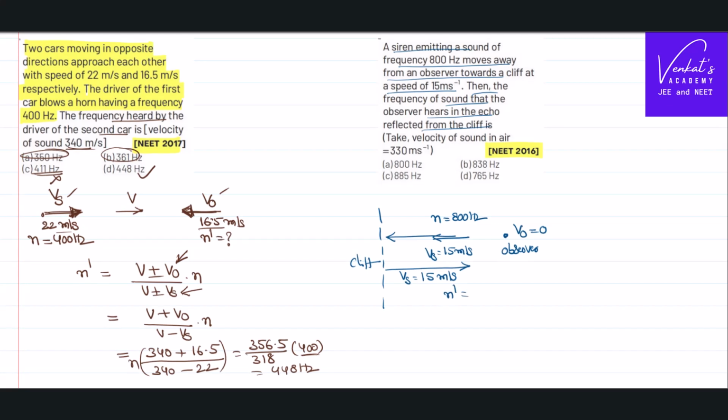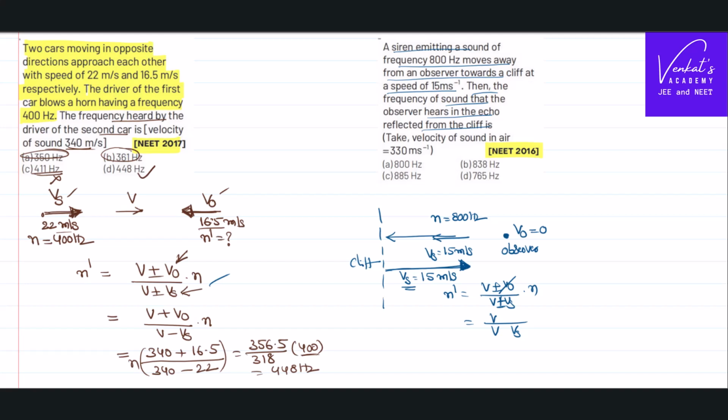Again, the same formula like I have written earlier, (V plus or minus Vo) by (V plus or minus Vs) into N. Here the observer is in the state of rest, so it is V by (V plus or minus Vs), and I have to choose the right term, plus or minus. But if you notice, the source is approaching the observer. As the source is approaching the observer, because of the motion of the source, apparent frequency has to increase.